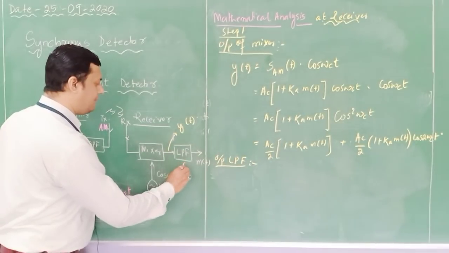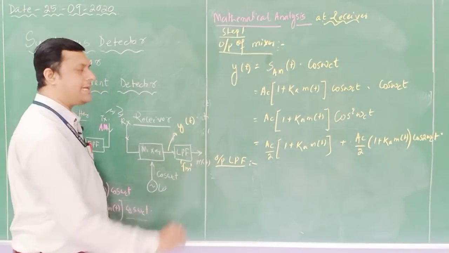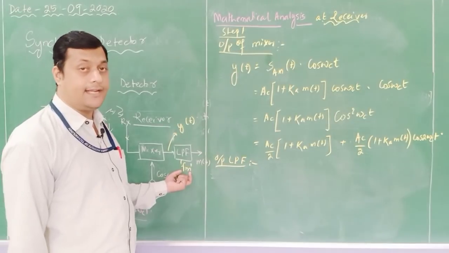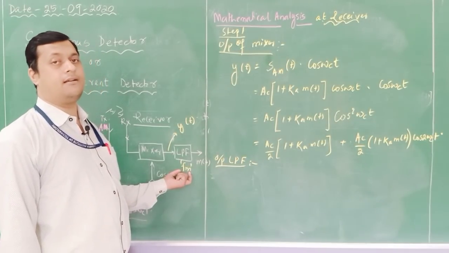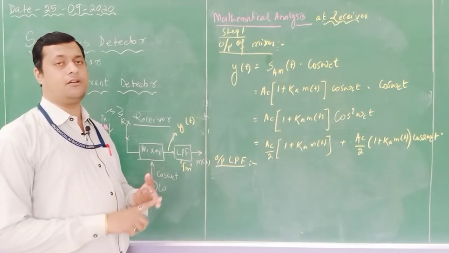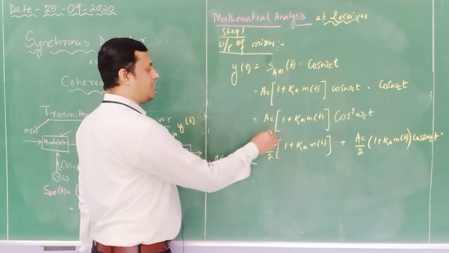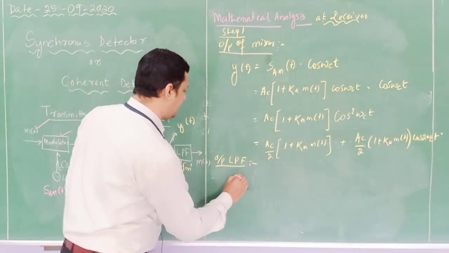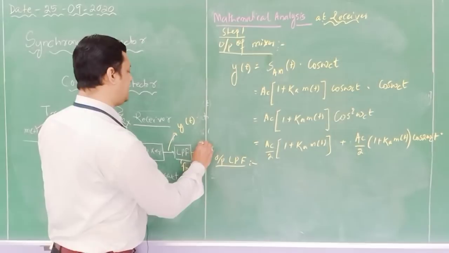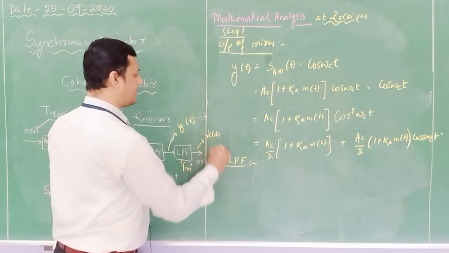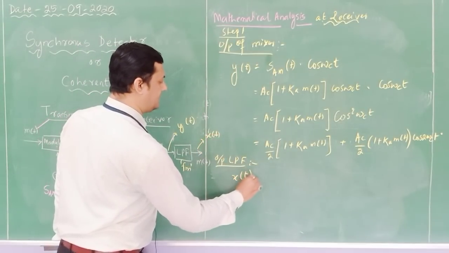This LPF is centered to the modulating frequency, and the rest of the components like DC component, harmonic component, higher components will be suppressed. So if the higher components are suppressed, let us consider this is our x of t. So output of LPF is x of t.